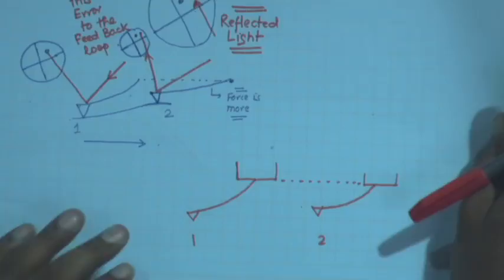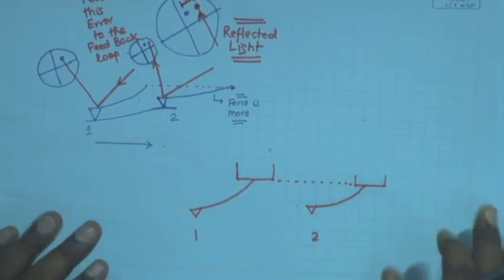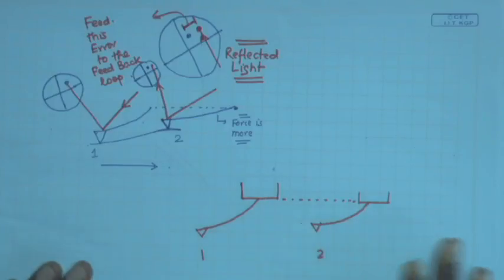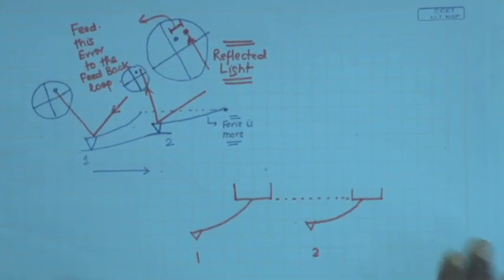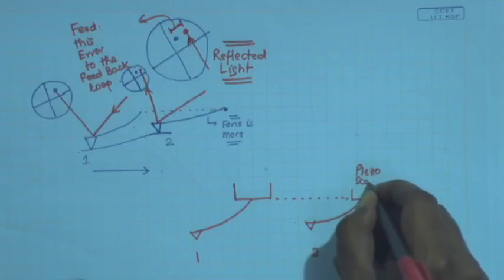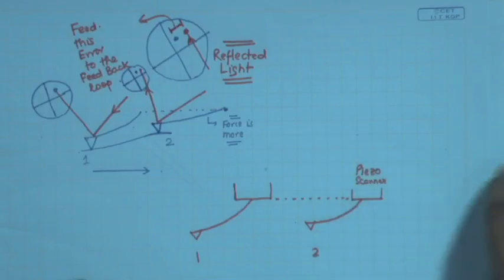This error is fed to the feedback loop, which now inputs this error in voltage to the scanner, which is a piezo scanner. And what does this scanner now do?